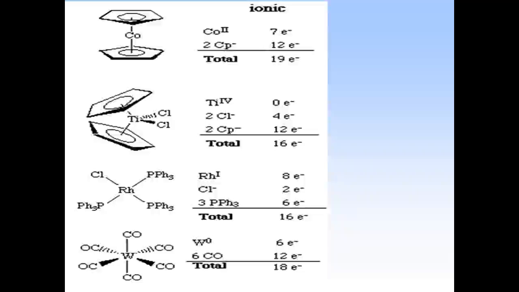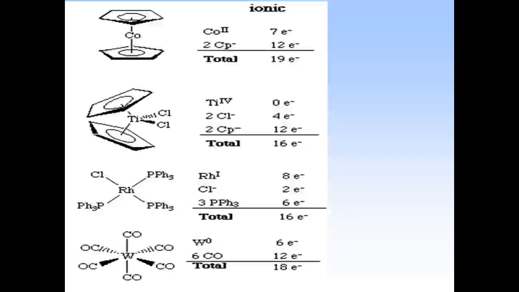And the final example is very simple. All the 6 carbon monoxide ligands are neutral, and the tungsten has 6 valence electrons. That means the oxidation state is 0, since there is no formal charge in the case of carbon monoxide.